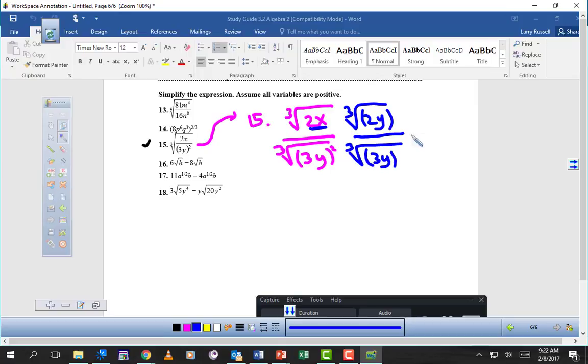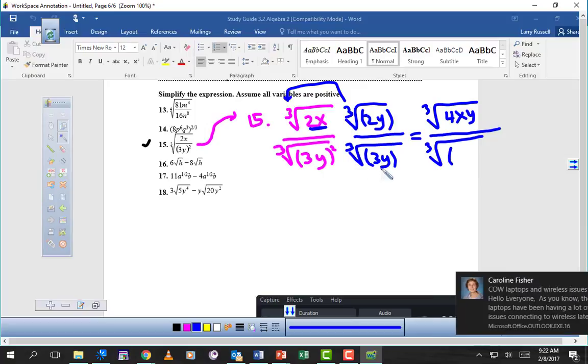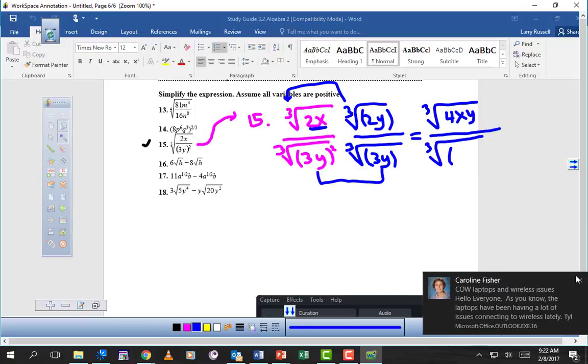And now notice what would happen. In the numerator, I could combine these two together because I have the same index, and so I could use the product rule of these radicals. I get a cube root, and I get 4xy. Then down here in the denominator, I have a cube root, and there's 3 of these now.